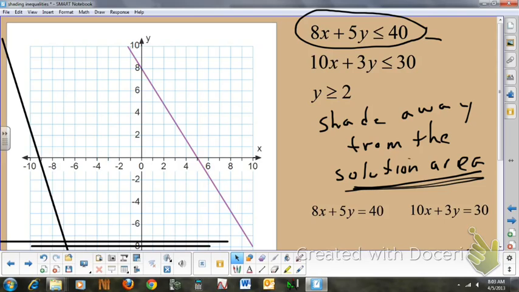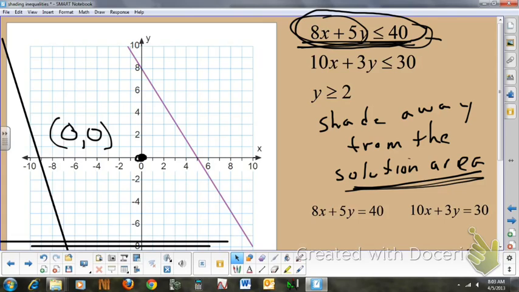The easiest thing to do is test a point, and you can test any point to see if it works for this inequality, meaning that it makes it true. It makes this side less than this side. So we're going to test a point. The easiest point to test is the point 0, 0. It's just because the math's easy, basically, that we picked 0, 0.